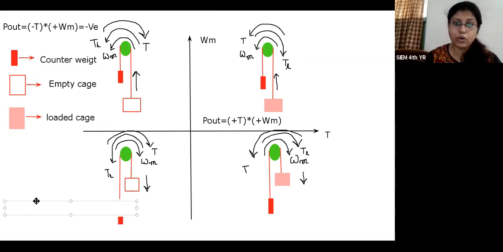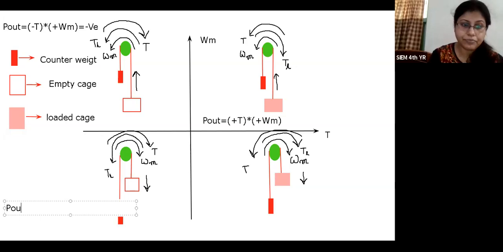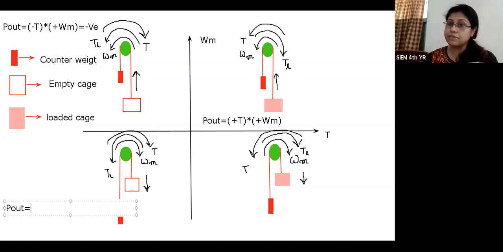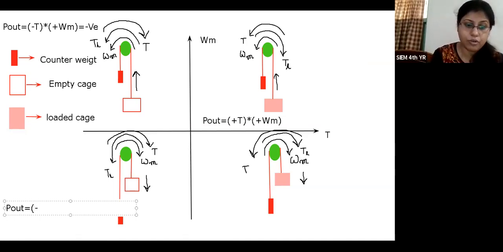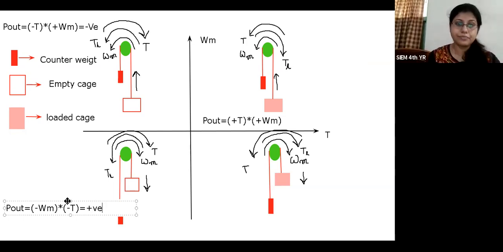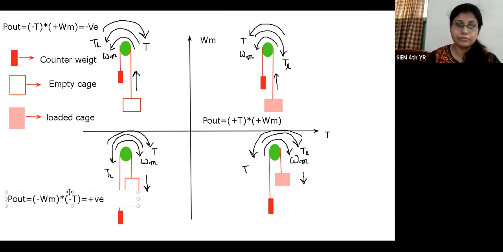In the third quadrant, we can see that omega m is in clockwise direction, that is negative. Torque is also in the same direction as omega m, so that is also negative. So minus omega m into minus motor torque. So that means the output is positive. Okay.